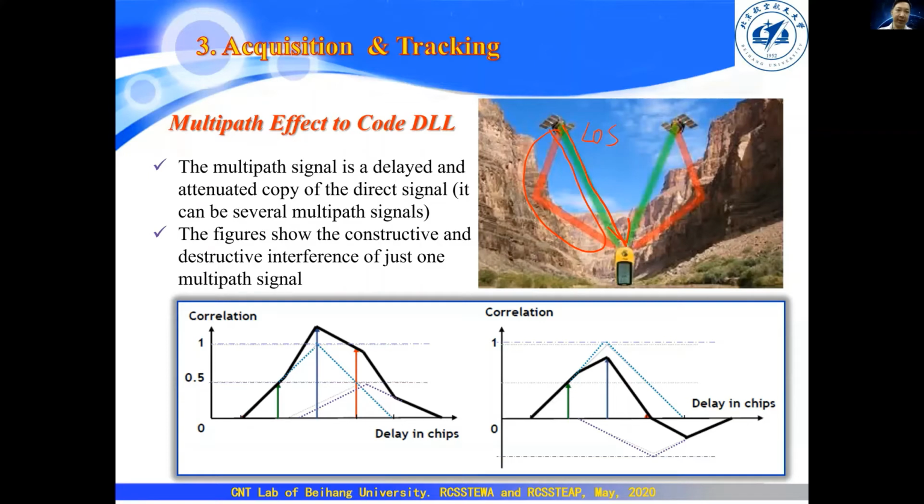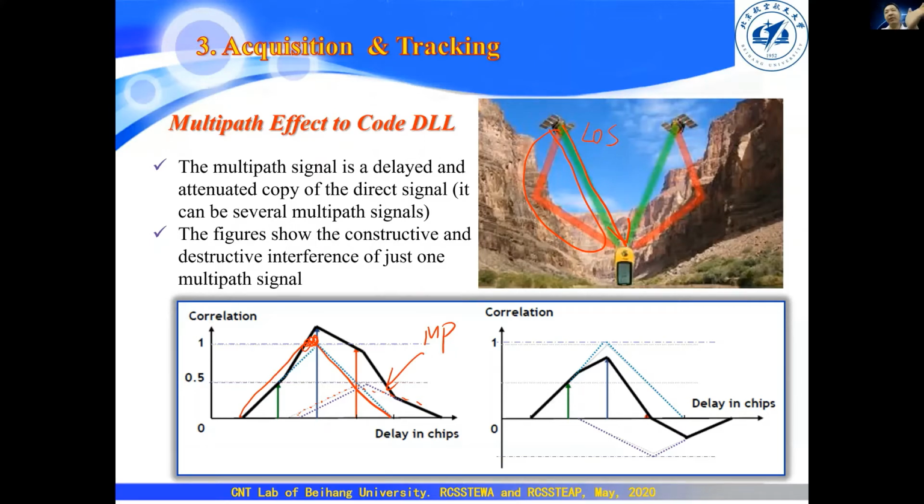Theoretically, you will get a triangle curve, and this is the maximum of the line of sight signal. But because you have multipath here, it will make the curve have a slight distortion. It makes it very hard to distinguish the right one.